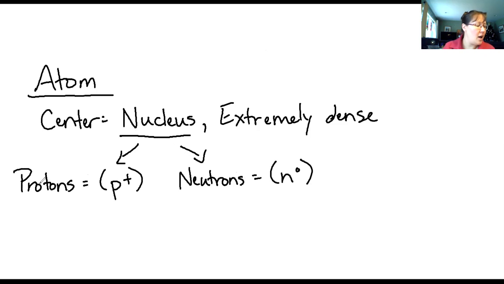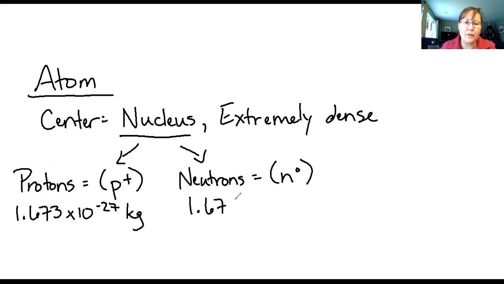The proton has a mass of about 1.673 times 10 to the negative 27th kilograms. And the neutron is pretty much the same, 1.675 times 10 to the negative 27th kilograms. So these are all stuck together in the nucleus, and that's where all the mass is.